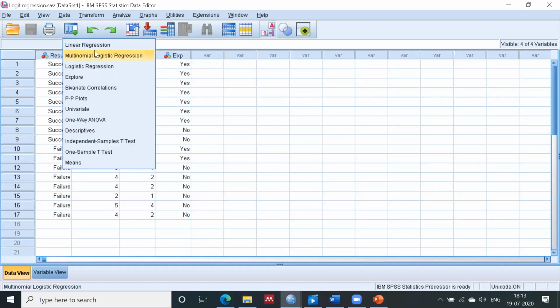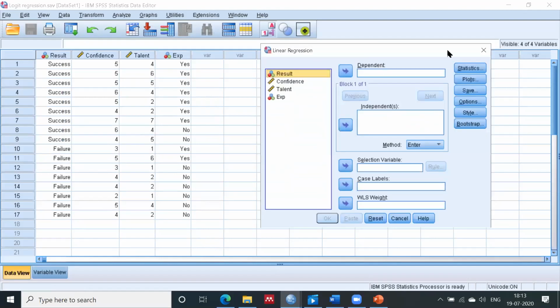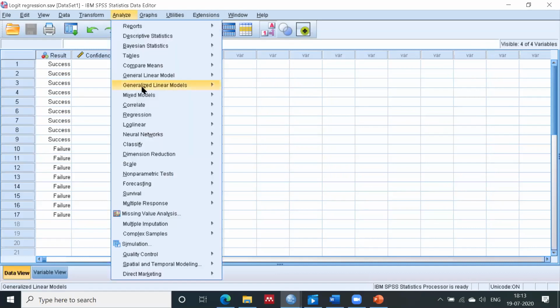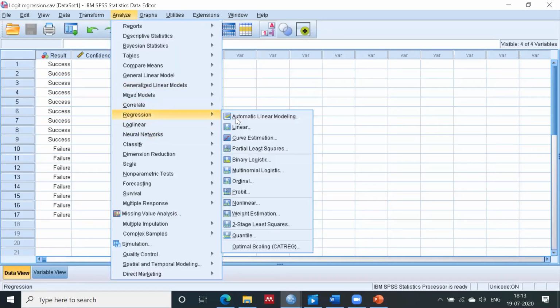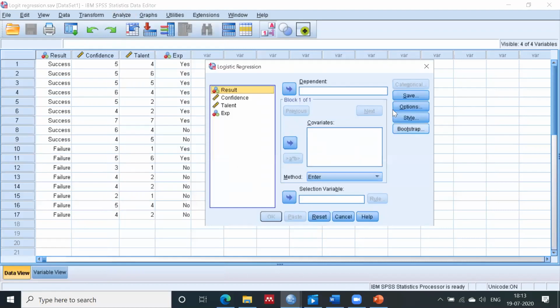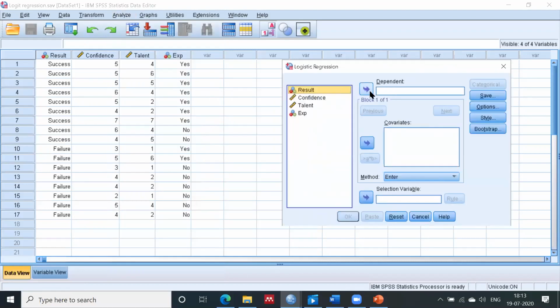Okay, so let me again apply the same: regression, and binary logistic. In the binary logistic, result is my dependent variable, and I will take confidence first as an independent variable, right?